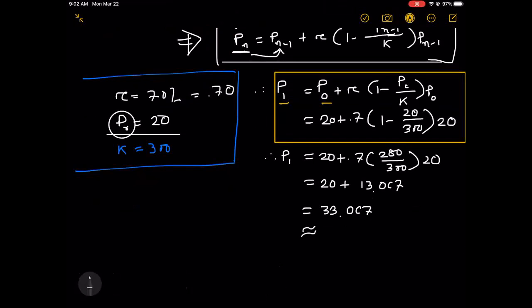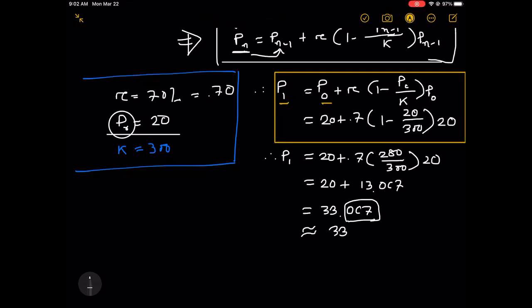And why? If you round it, it's closer to 33 than to 34. Exactly, it's less than half. I'm talking about the value after the decimal. If it's greater than or equal to half, we take the next one. If it's less than half, we take the previous one. So it's 33. So P1 is 33.